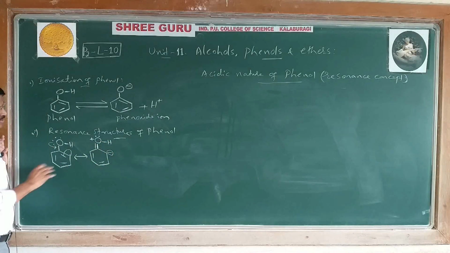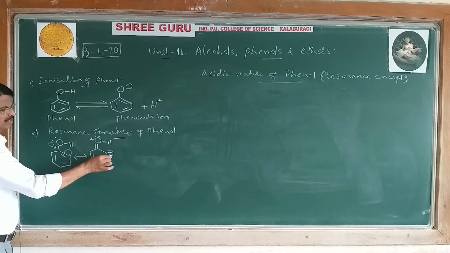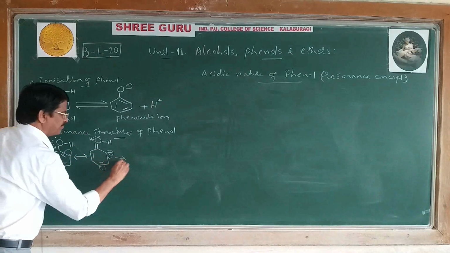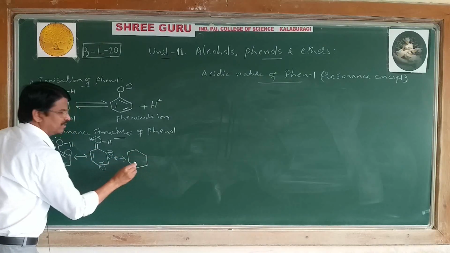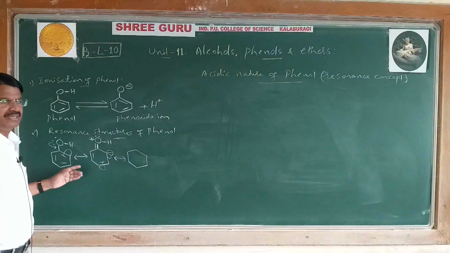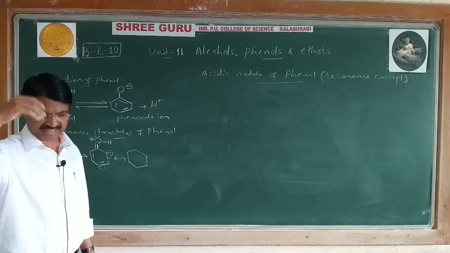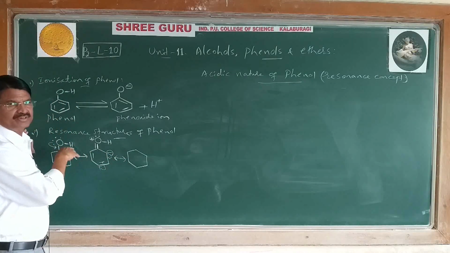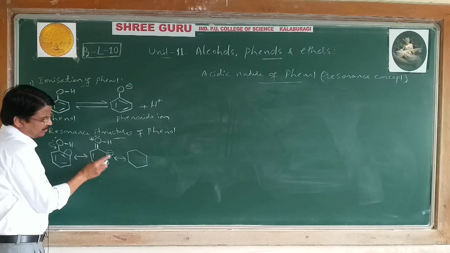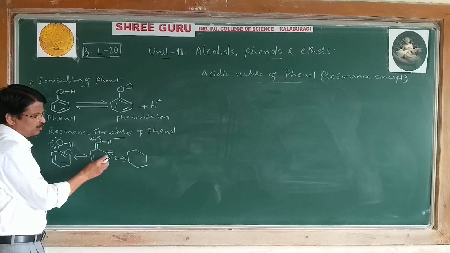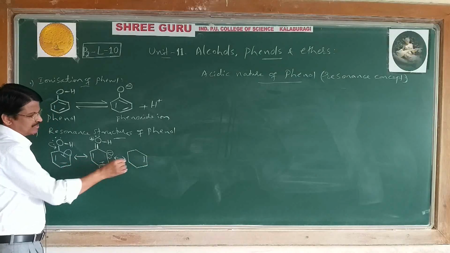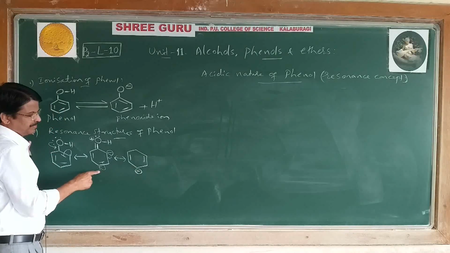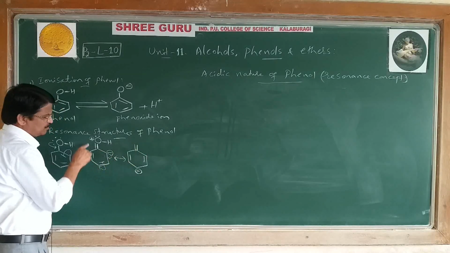Further, this negative charge is delocalized through resonance. Same structures as we studied in the haloarene topic, like chlorobenzene, nitration, sulfonation. There I told how to draw resonating structures of the benzene ring. Now, here negative, this is positive, and here a new bond you have to write. And this one is the same as it is. But here the para position carries a negative charge. Then the remaining part is the same.